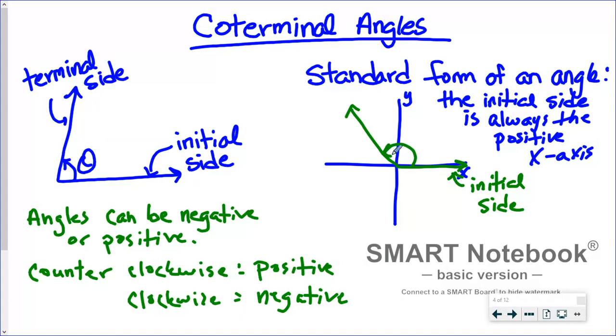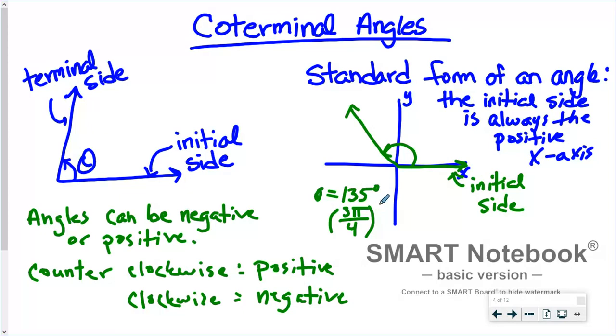So we could say here that theta is equal to, that's probably about 135 degrees, which would also be 3 pi over 4 if we're talking radians, which we could have just used our conversion to get.